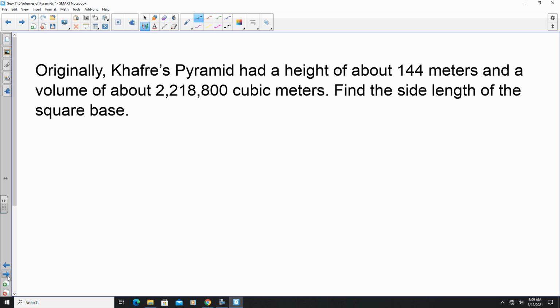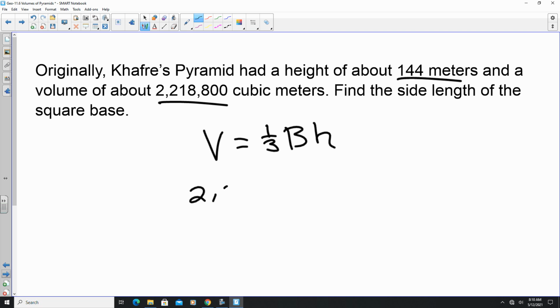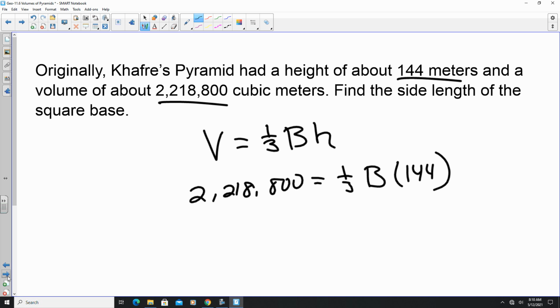So again, volume is 1/3 times the area of the base times the height. They gave us a height which was 144. They gave us a volume which was 2,218,800. So this is going to be equal to 1/3 times the area of the base times 144. So 144 times 1/3 is 48.